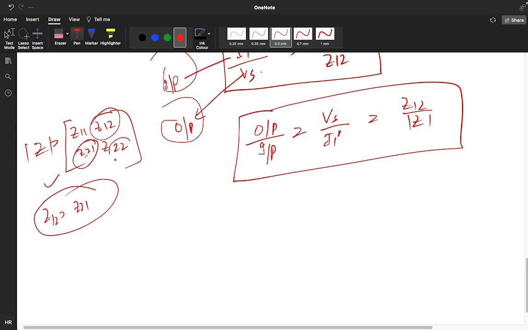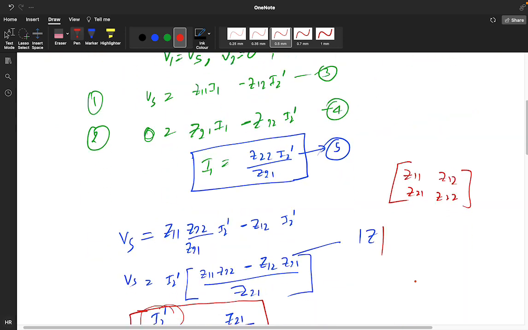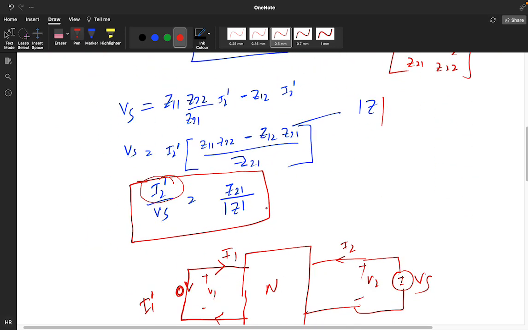Z11 and Z22 may or may not be equal, but Z21 and Z12 will always be equal. So even then, Z12 can be written as Z21 divided by mod Z. Check the result: Z21 is equal to Z12, so it is Z12 divided by mod Z.